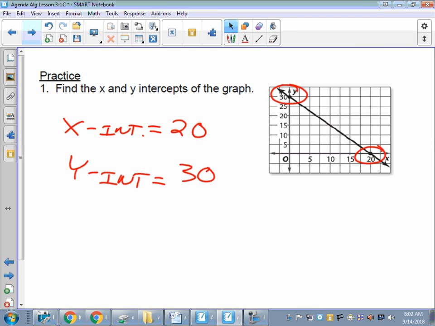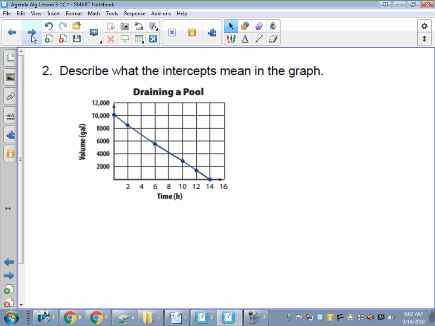Simple so far, right? The next step is to describe what the intercepts mean in the graph. First we find the intercepts, and then we talk about what they actually mean. Let's start with the x-intercept. We know how to do that. Where does it cross the x-axis?